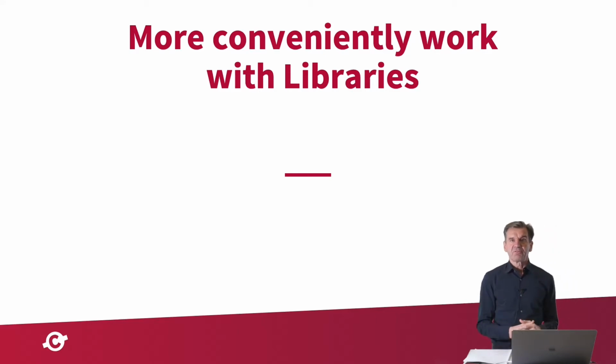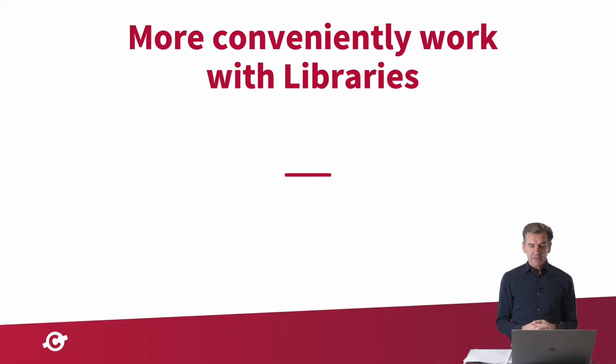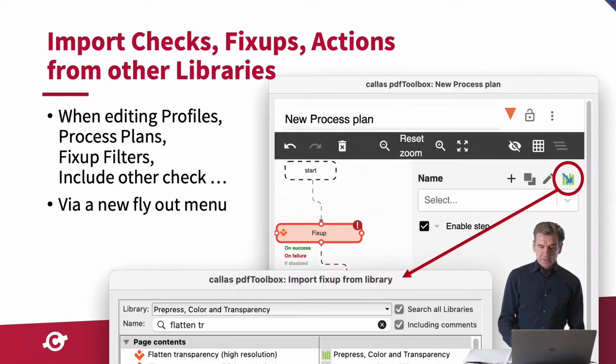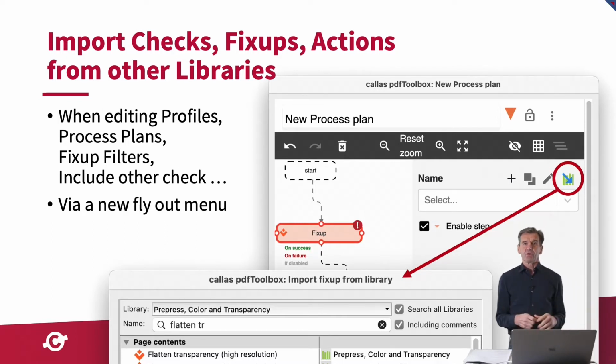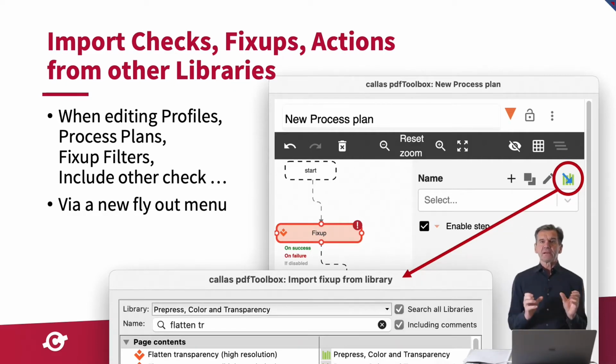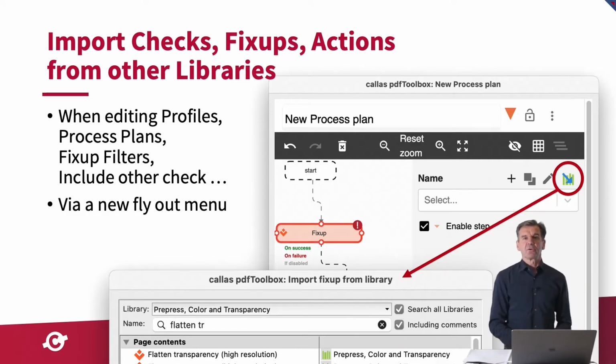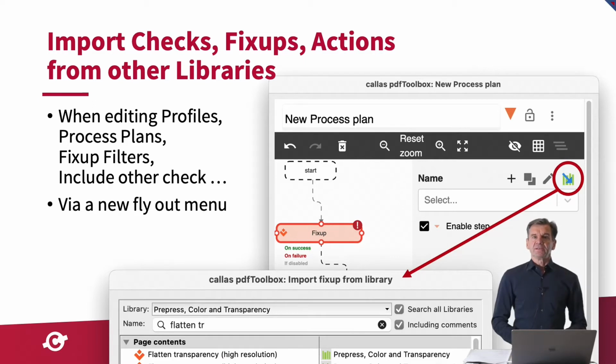Next feature is titled More Conveniently Work with Libraries. So as you know, in pdfToolbox, all profiles, fix-ups, checks, actions, and so forth are in libraries. And libraries are completely self-contained. So whatever you have in one library, almost nothing of it will be available in another library.